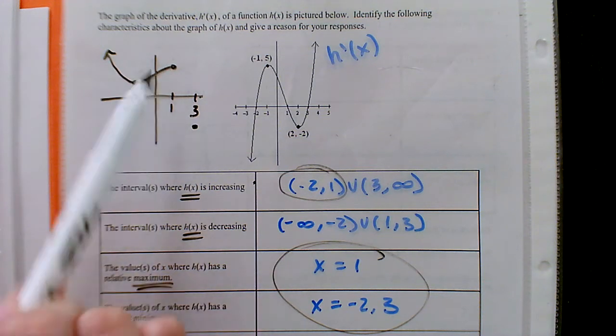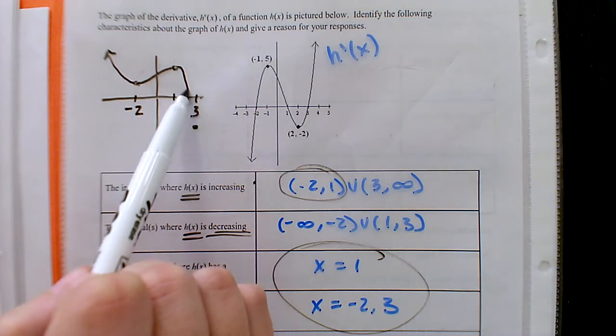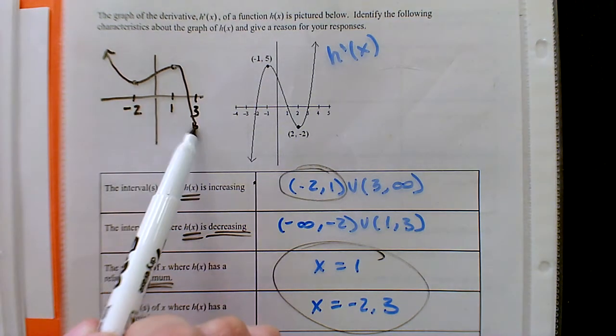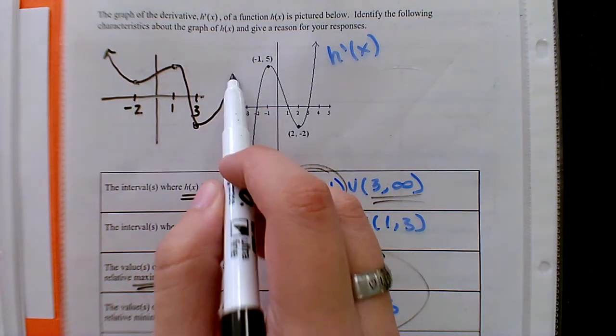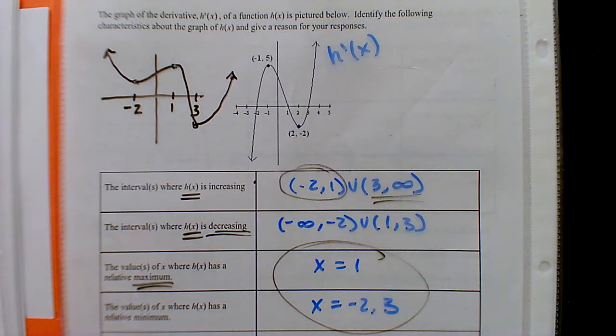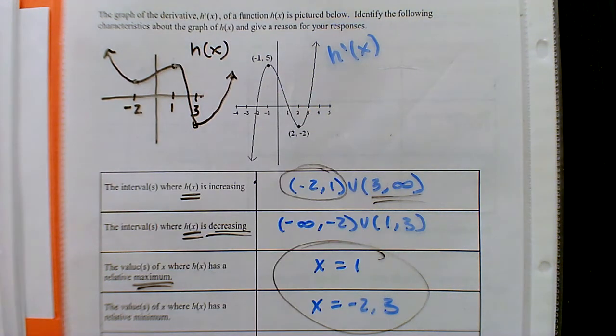To connect the next two dots from 1 to 3, we have to be decreasing. So we're only going to draw a graph going down. Again, nothing crazy in between those two points. And then after 3, all the way to the right, we should be increasing. So we're going to go back up. So this is a rough sketch of what the h of x graph might look like.